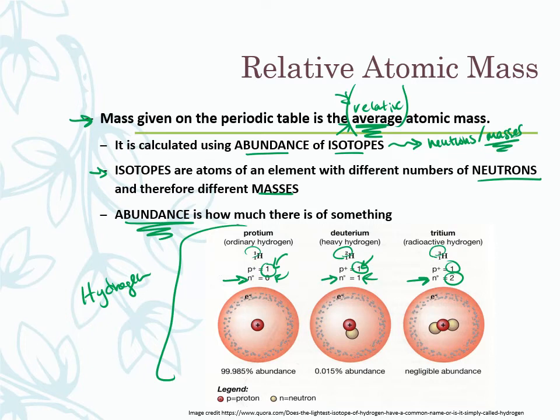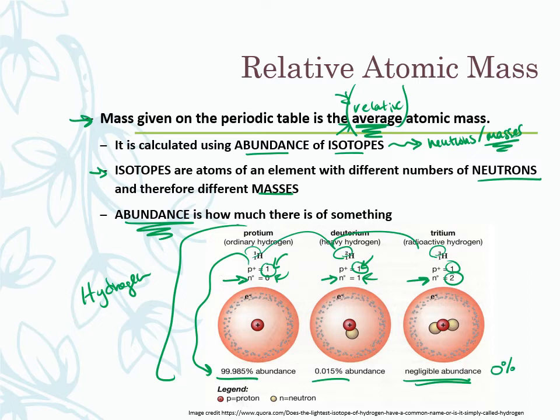But to find the average, I'm not just going to go 1 plus 2 plus 3 divided by 3 is 2, because this guy with a mass of 1 is 99.985% of all of the hydrogen on the Earth. And this is only 0.015%. And this, there's so little of it, we round to 0%. It's negligible.